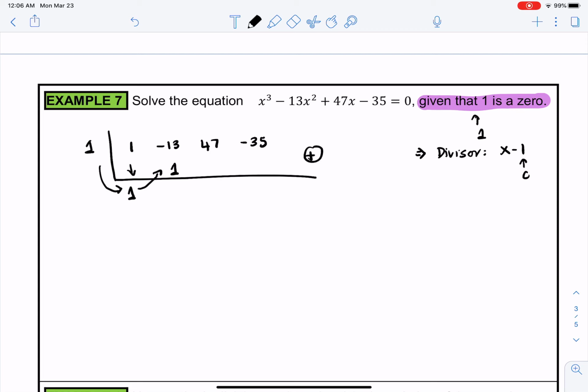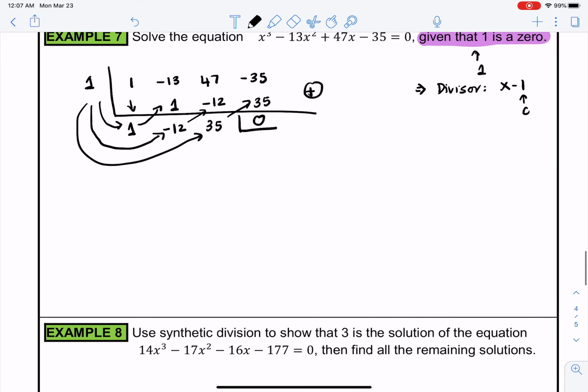We always add. Negative 13 plus 1 is negative 12. 1 times negative 12 is negative 12. When we add 47 and negative 12, we get 35. 1 times 35 is 35. When we add, we get 0.